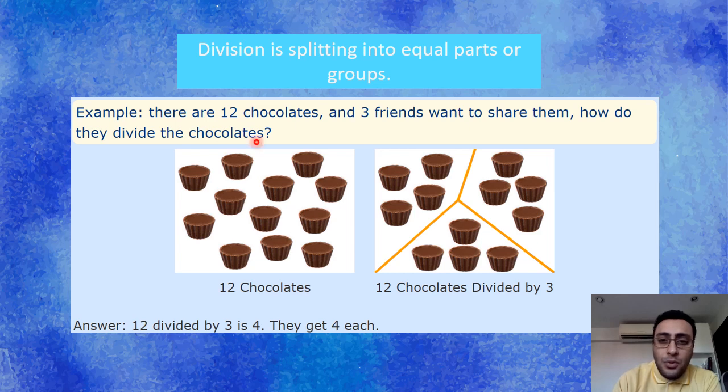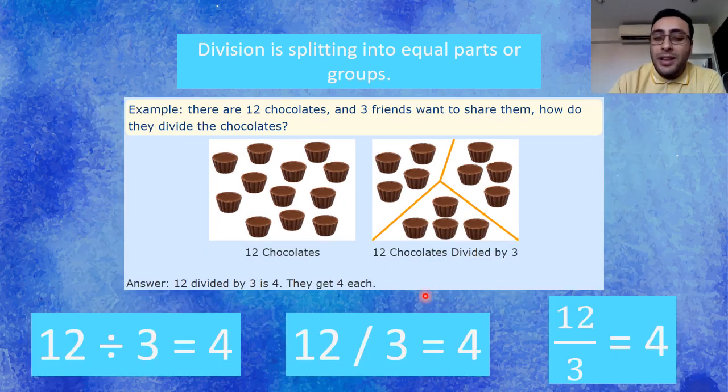So we have to do this. See, 4, 4, 4. So all the 3 friends get equal groups of chocolates. So 12 divided by 3 is 4. So they get 4 each.